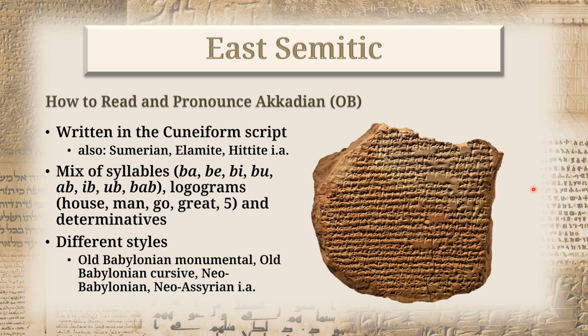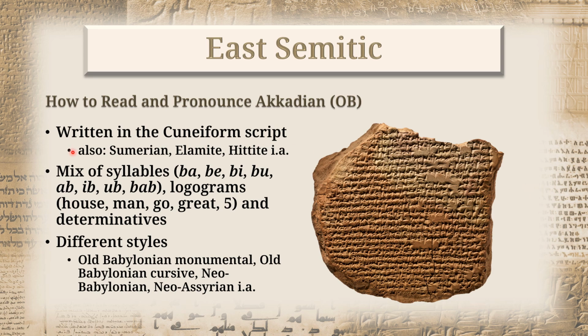So you will see Akkadian is sometimes a little hard to decipher, because cuneiform is not made for Akkadian, and it is difficult to represent certain sounds of Akkadian with this writing system originally intended for Sumerian.